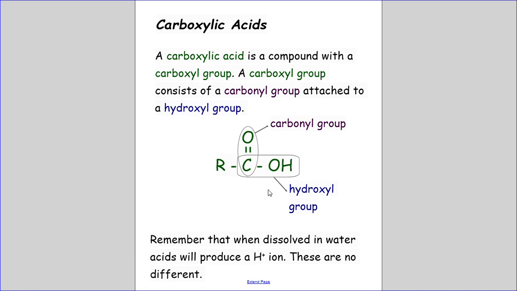We have this hydroxyl group coming off the side, with this whole carbonyl group being attached to this hydroxyl group. So we have three different types. We've got carbon double bonded oxygen in all three, but one might just have a hydrogen on one side, so that's an aldehyde. One of them might have carbon chains on both sides, those are ketones, and then the other one might have this OH group on one side, and that will tell us that it's a carboxylic acid.